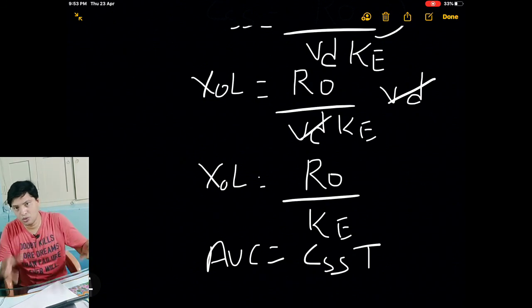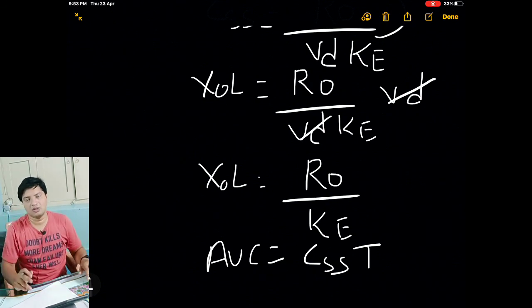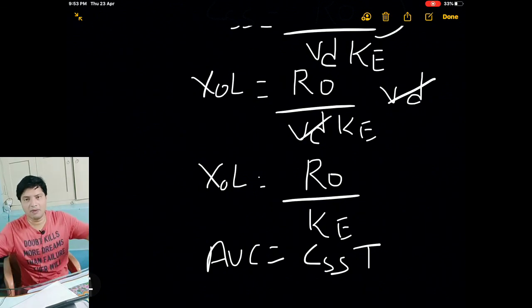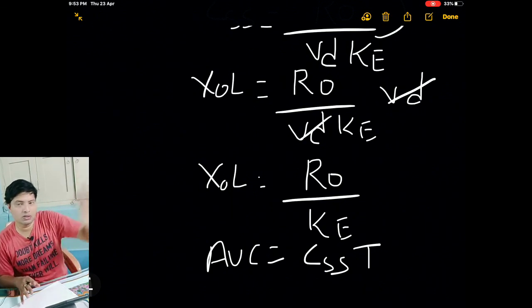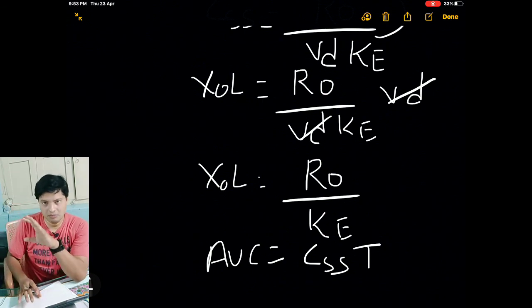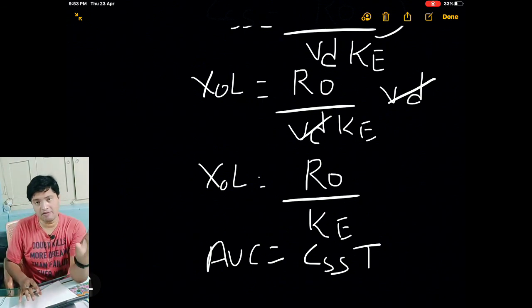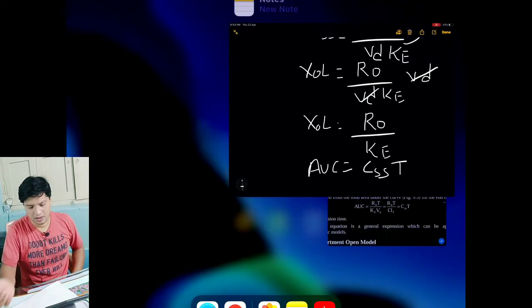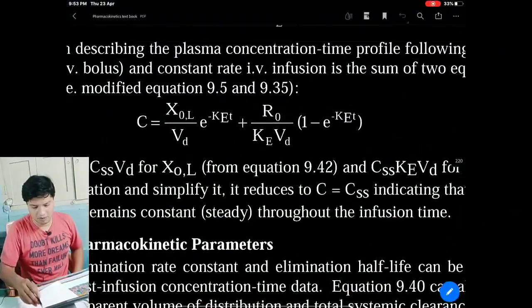We tried to draw two graphs here, one is that one, second is this one. Then we tried to give a full equation by taking loading dose and maintenance dose, that is IV infusion and IV bolus. We get the full equation, that is this above equation.